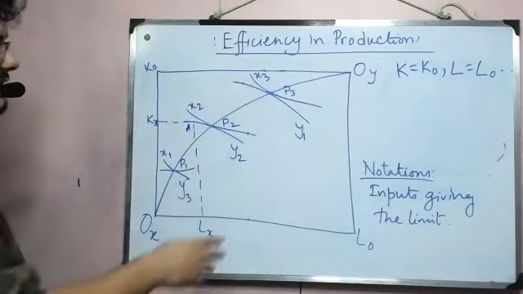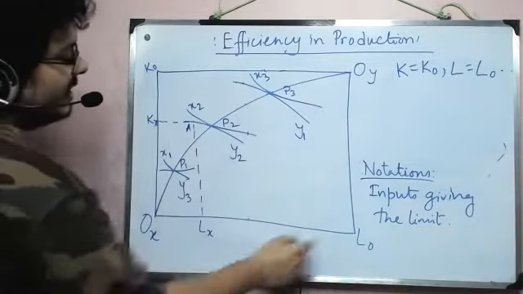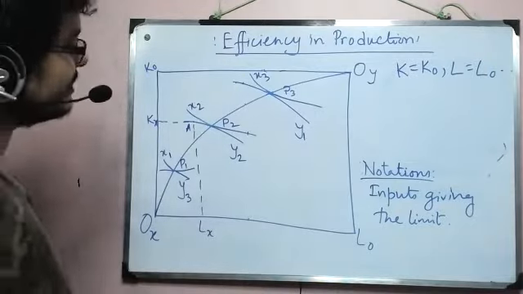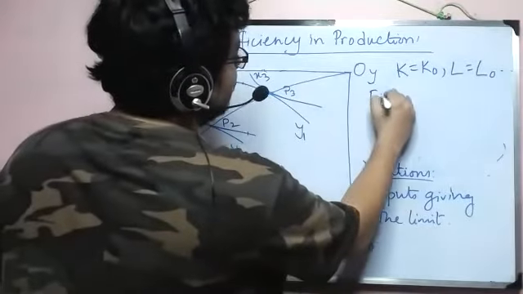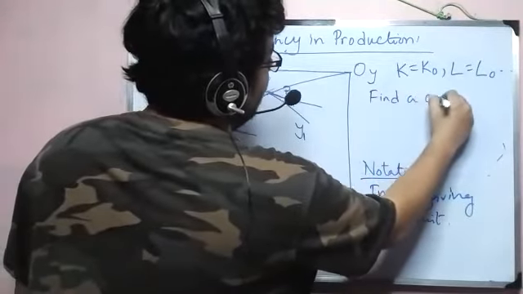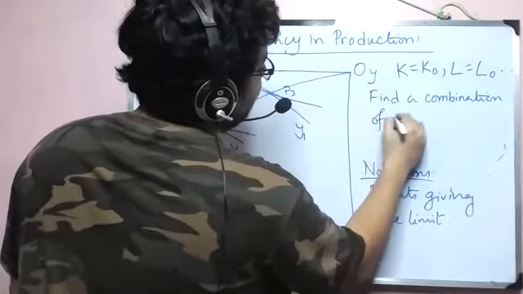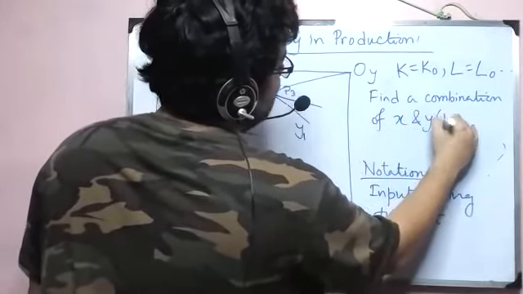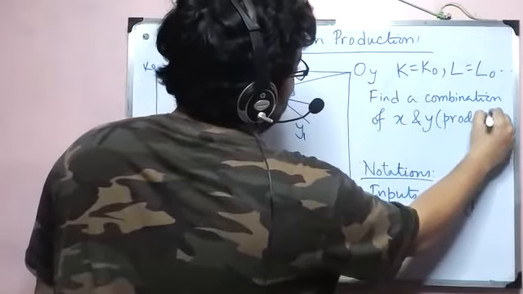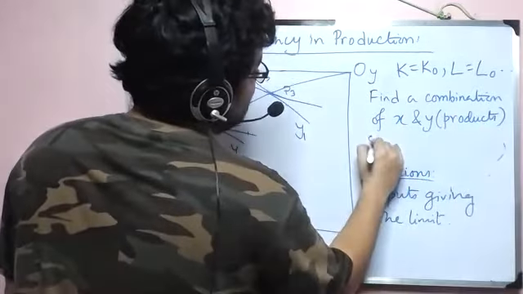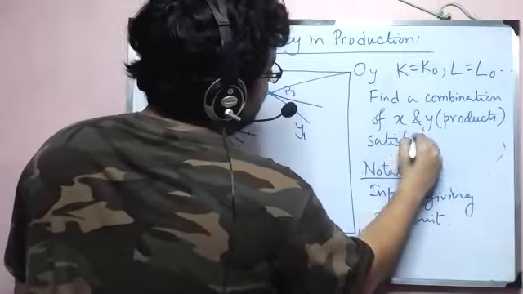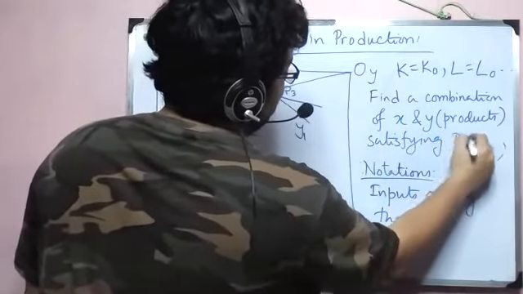So that's why, instead of the products, K0 and L0 are here. What we are trying to do is find the combination of X and Y, these are the products, satisfying Pareto optimality. So that's our objective here, okay?